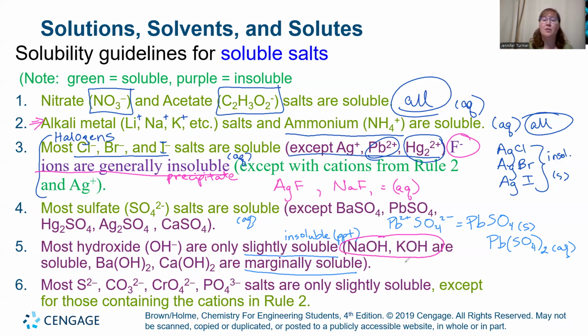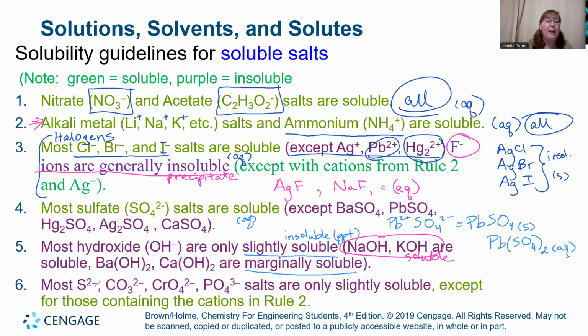Oh, this should be green. Sorry. These are soluble. So that should be green in there, the sodium hydroxide and the potassium hydroxide. I'm not going to be able to adjust that just yet, but I will adjust it in just a moment.